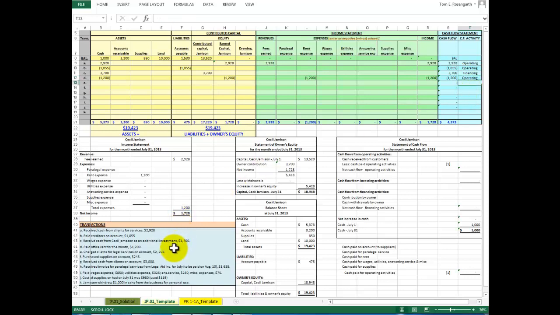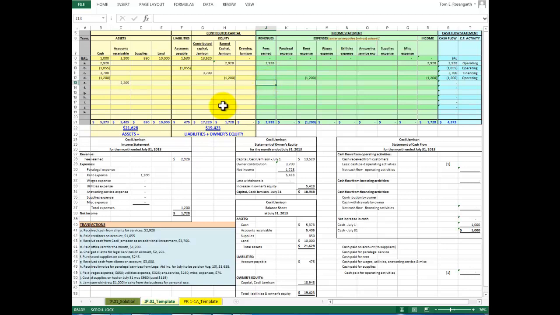Transaction E says clients were charged for legal services in the amount of $2,025. Clients were charged, but they haven't paid cash yet. So instead of having cash, the business has a claim, which is called an accounts receivable. So enter a positive $2,205 in accounts receivable.